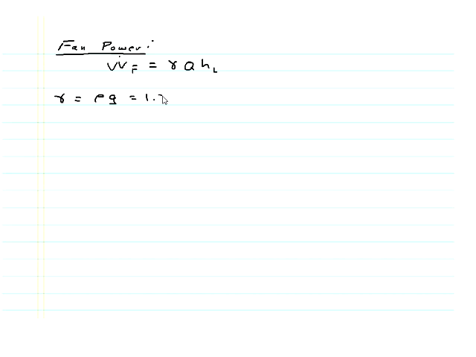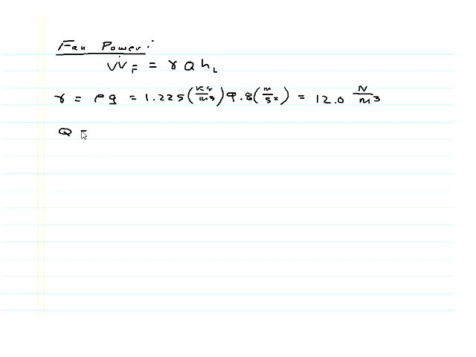The density was 1.225 kilograms per cubic meter, and the acceleration due to gravity is 9.8 meters per second squared. This comes out to be 12.0, and its units are newtons per cubic meter.